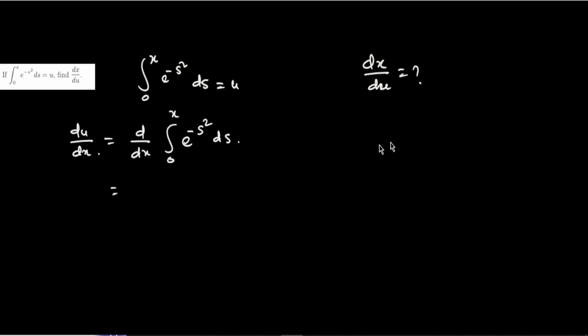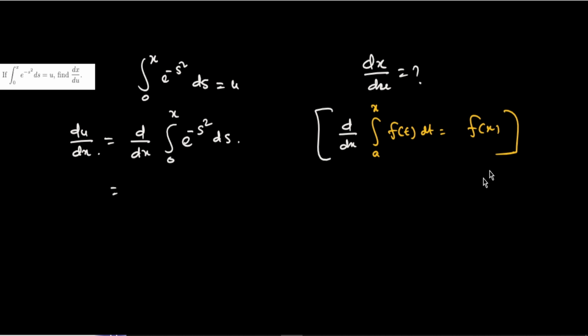Here we will use the formula: d by dx of the integral from a to x of f of t dt gives us f of x only. So using the formula, it gives us e to the power minus x square.